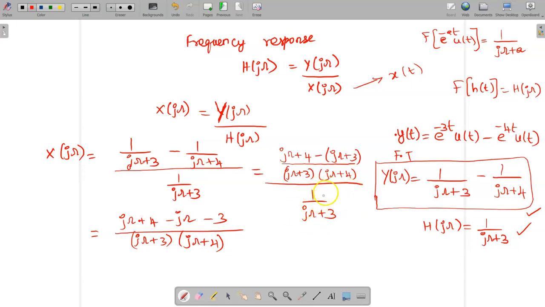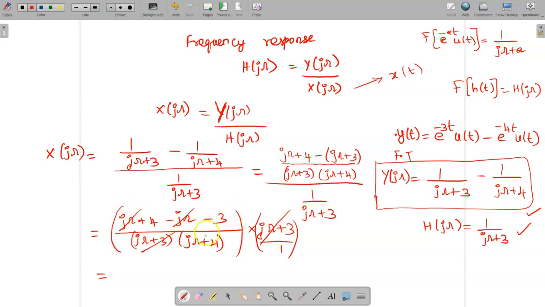Take the reciprocal of the denominator term, so it goes to the numerator: (jω+3) divided by 1. So (jω+3) will go to the numerator, and this term gets cancelled. It is in multiplication with this term.